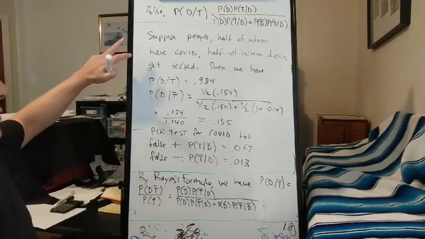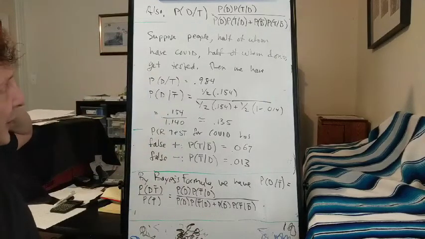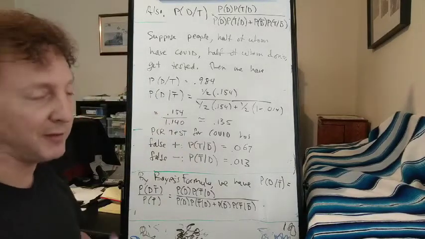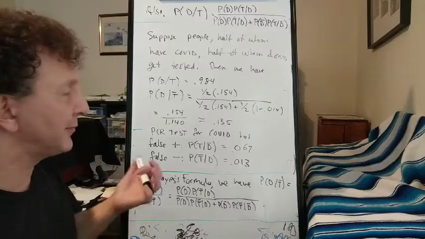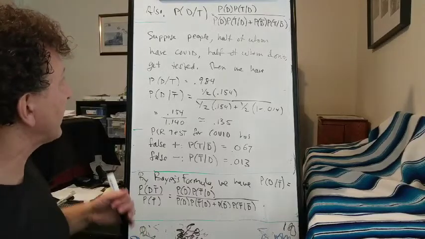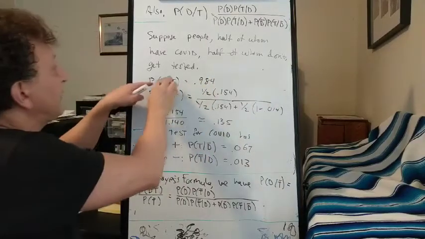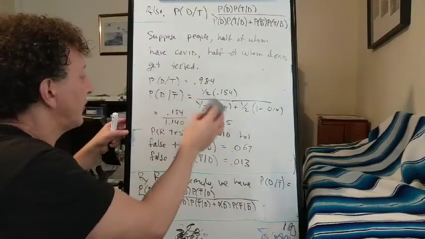Okay, same experiment. Say we've got a group of people, half of whom actually have COVID, half of whom don't. They've had some exposure to people with COVID, they have symptoms. Then let's see what the probability of having the disease given a positive test is.